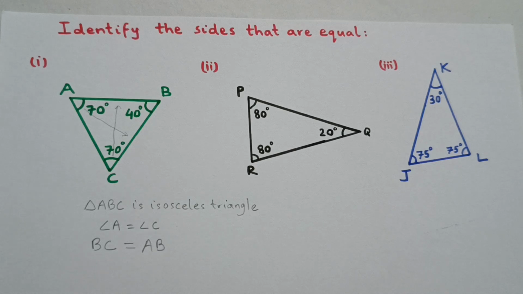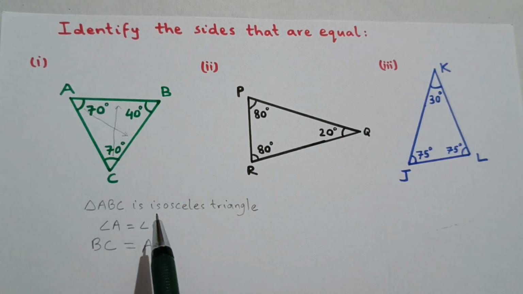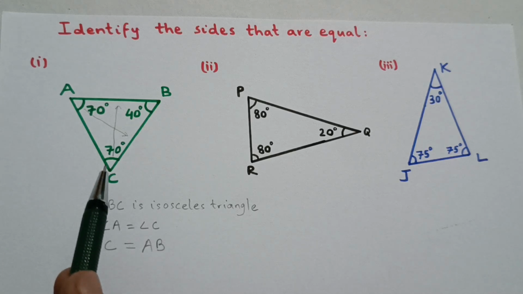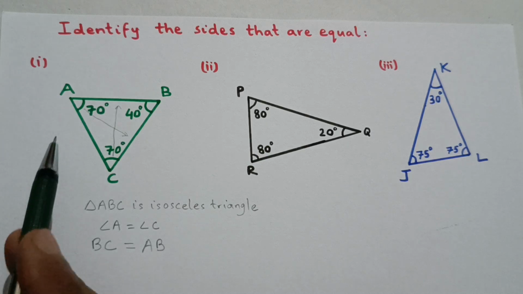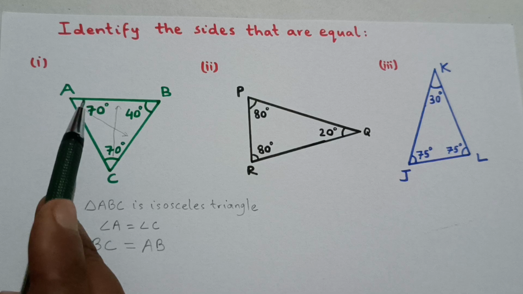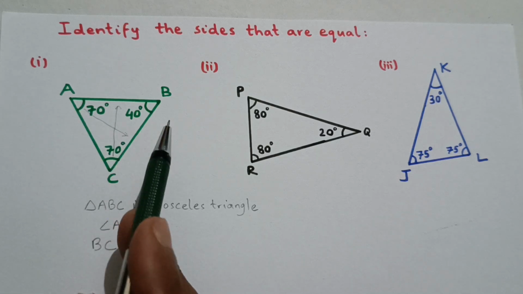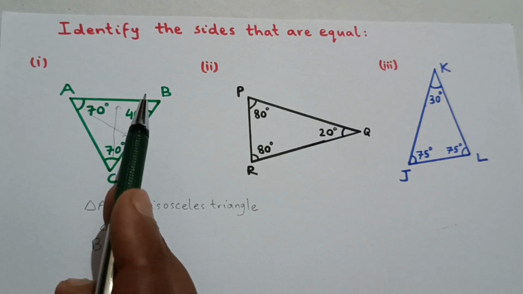So this is how you will find out which two sides are equal to each other. The sides that are opposite to the equal angles will be equal to each other. So here the angles that are equal to each other are angle A and angle C. The side opposite to angle A is side BC and the side opposite to angle C is side AB.